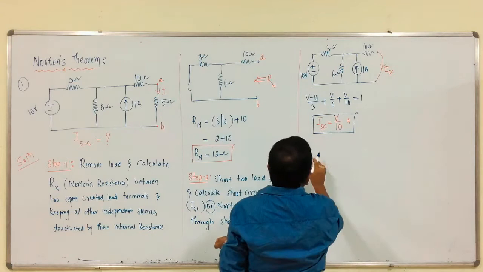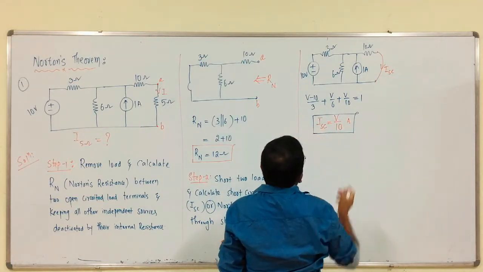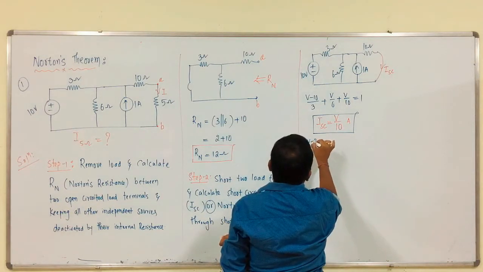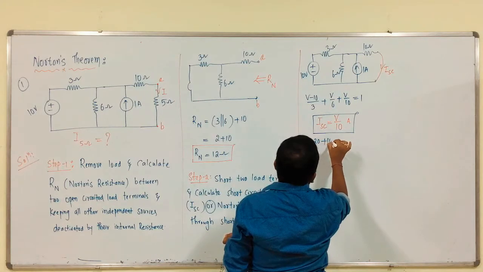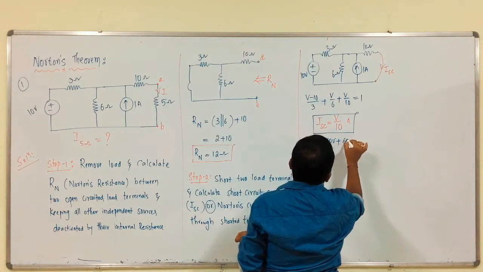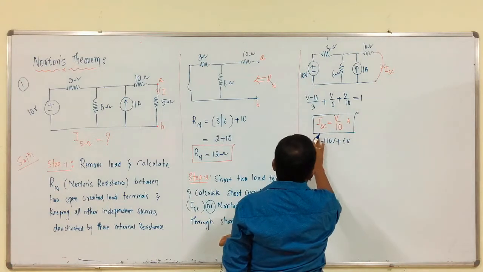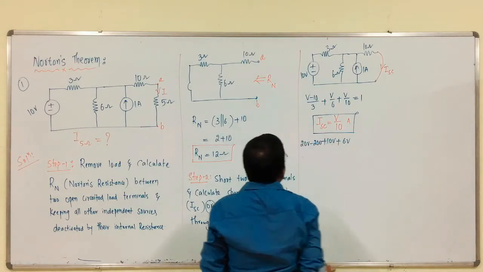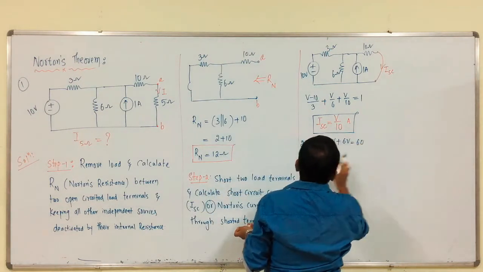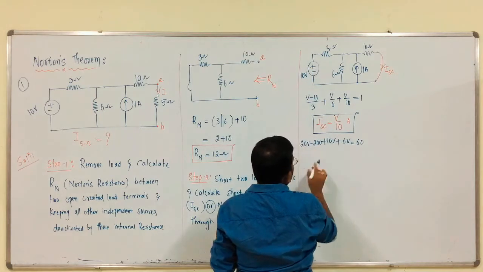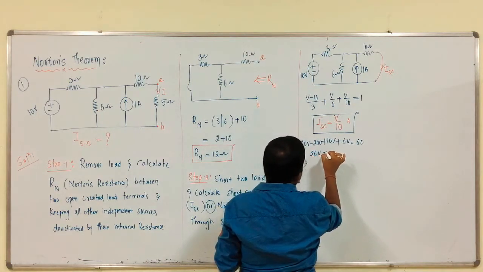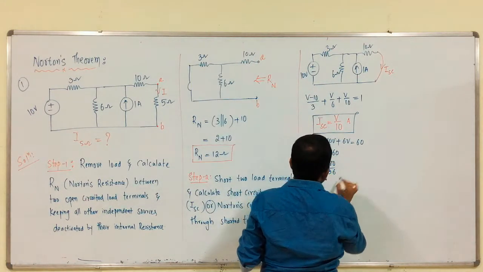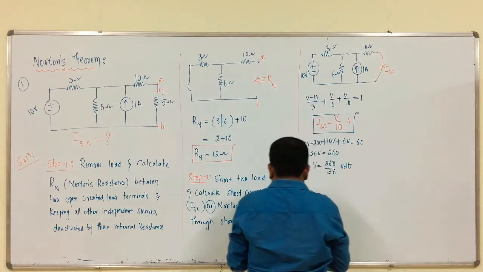Therefore, from this 3, 6, 10, 60, that is 20V minus 200 plus 10V plus 6V, which is equal to 60. Then 16 plus 20, 36, V is equal to 260. From this, V is equal to 260 by 36 volts, right?